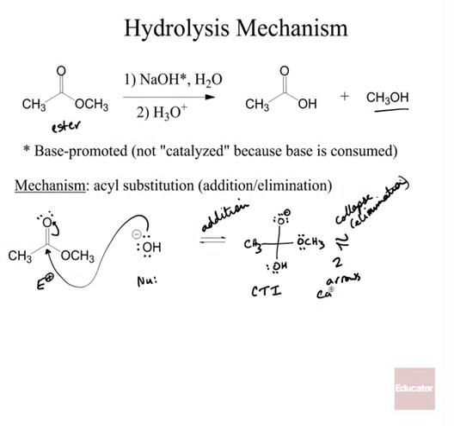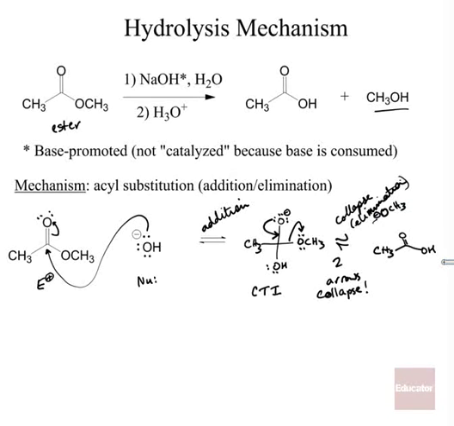We call this collapse of a CTI, and it's where the O- reforms the carbonyl and kicks that leaving group out. And our product is going to be our carboxylic acid. Now we just kicked off OCH3 minus. We just lost that group. And we have our carboxylic acid product.